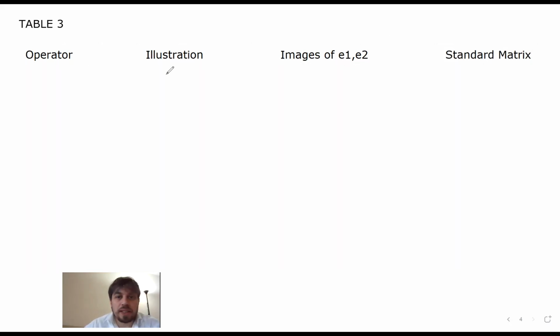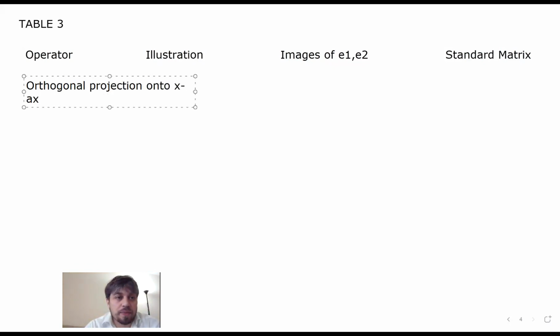So the first operator is the orthogonal projection onto the x-axis. Okay, and so it's T of x comma y is equal to x comma 0.